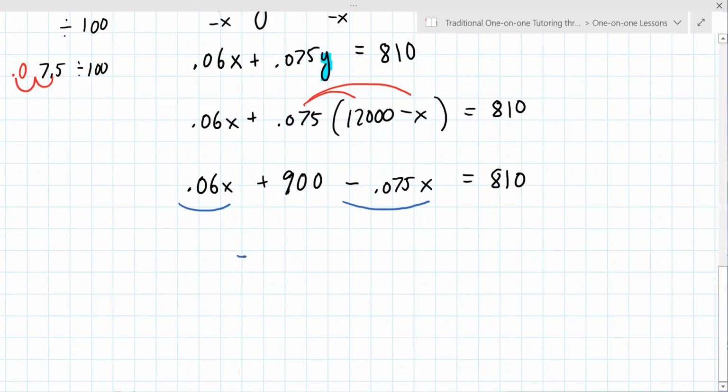Negative 0.015x. Yes. Plus 900 equals 810. Good, doing great. There's a lot here, obviously.